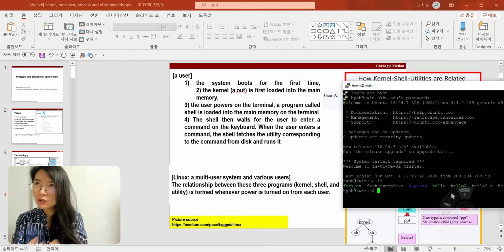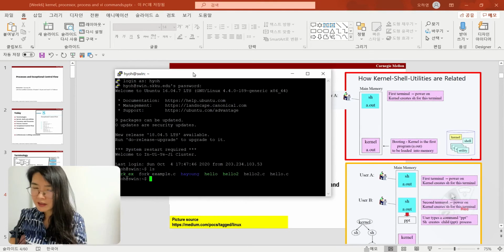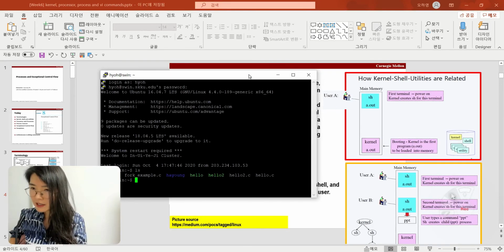So even though we are already familiar with PuTTY and login and VI editing commands a little, these are possible because of the kernel, all right, and shell and utility, all right. So please compare this real-time connection with this figure, all right. In this figure, user A is me, 하영-O, right?